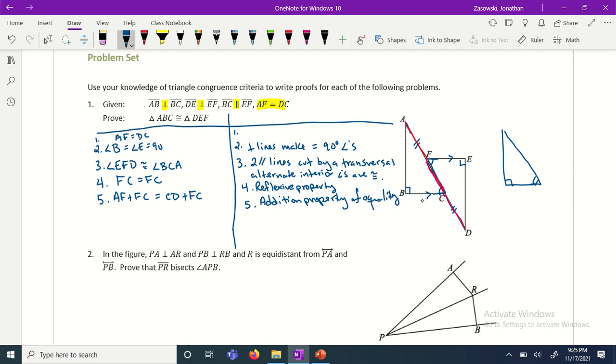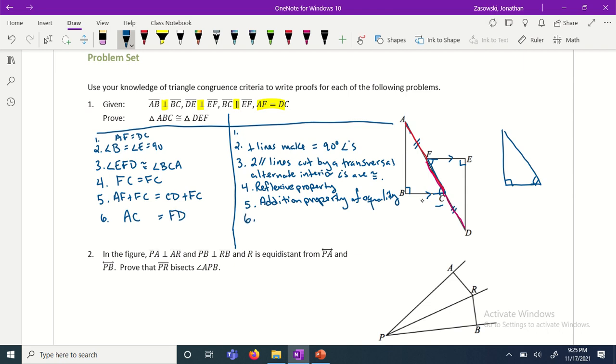Okay, so let's go to number 6. Kate, what happens when we put together AF and FC? What does this whole side become? It becomes AC. So we're going to write AC here. And if we combine FC and CD, we get this whole thing, FCD or FD.